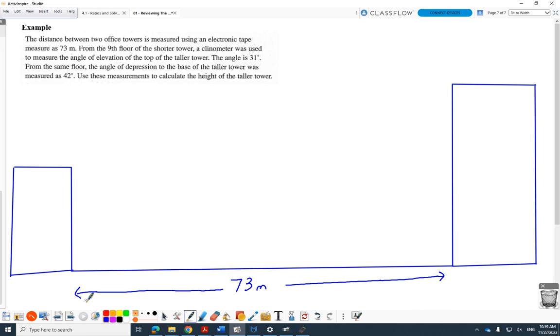So from the ninth floor of the shorter tower, right about there, ninth floor, a clinometer. And again, let's just look up clinometer for a second so you can see this device is not exciting in the least. It's easy to look at this and go, oh, clinometer, I'll need it.